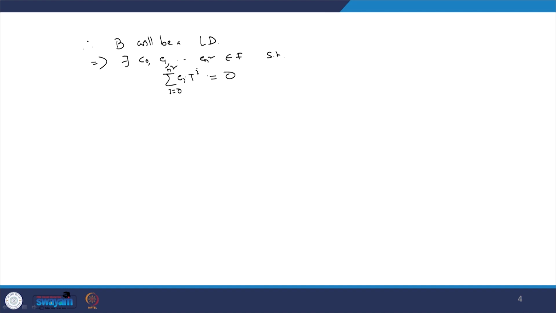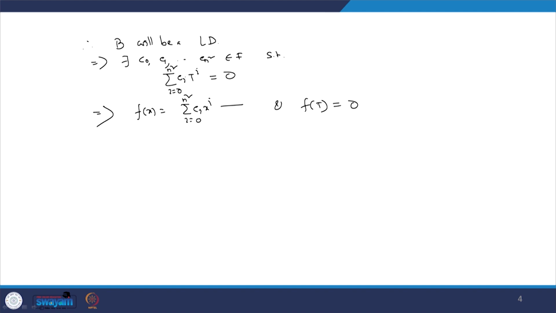So, if I consider f(x) equal to the sum of Ci x to the power i, i equal to 0 to n square, it is a finite degree polynomial which annihilates T. We see that f of T equal to 0. So, the existence of a finite degree polynomial for a finite dimensional space is guaranteed.